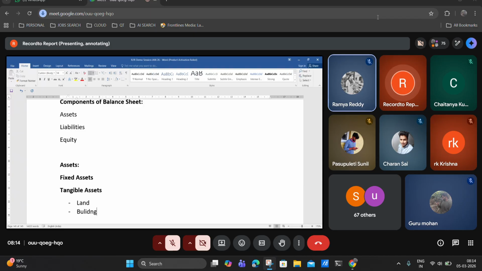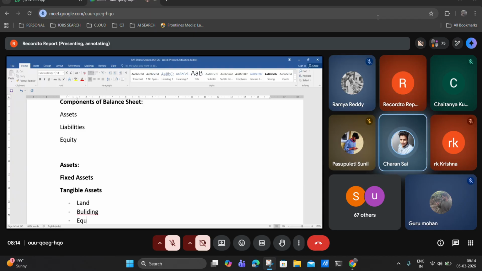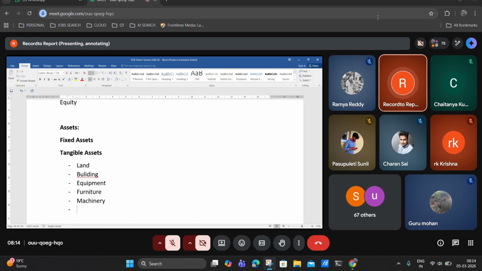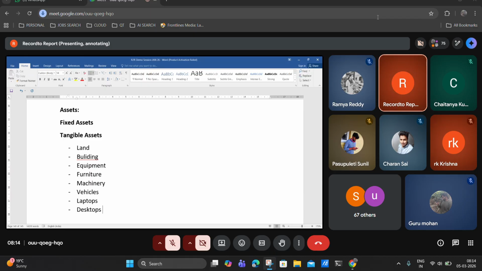Land, building, machinery, equipment, furniture, vehicles, laptops, desktops. Okay, all are tangible assets.